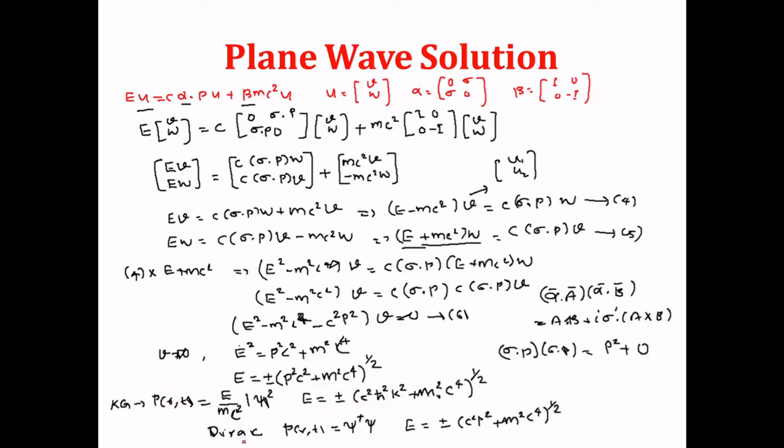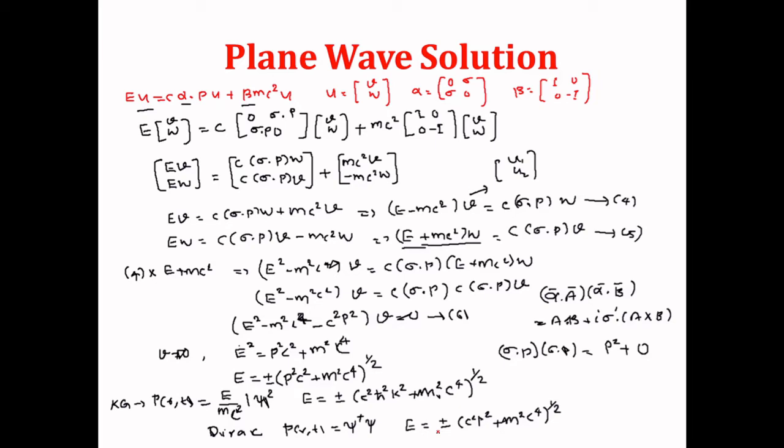But using the Dirac equation, this problem was rectified because the probability density was psi dagger into psi. But here also, when you find the energy eigenvalues, you are getting both positive and negative values. That is, the Dirac equation also gives positive and negative energy solutions as in the case of Klein-Gordon equation. So you have to explain the negative energy solution. There is no other option.